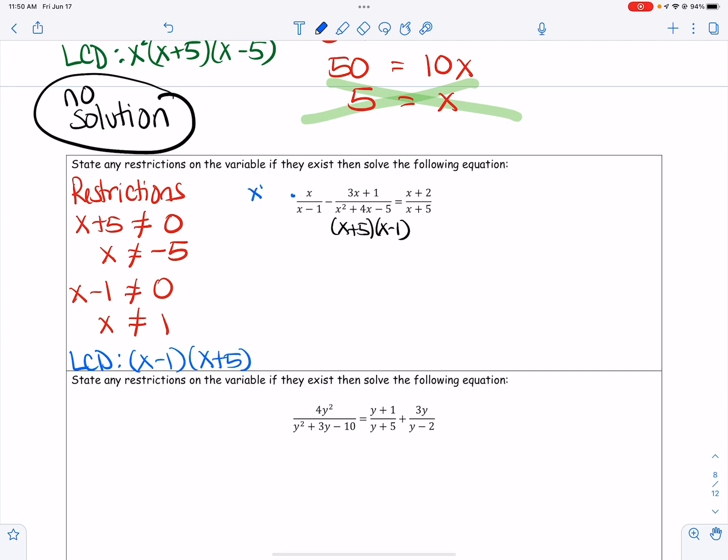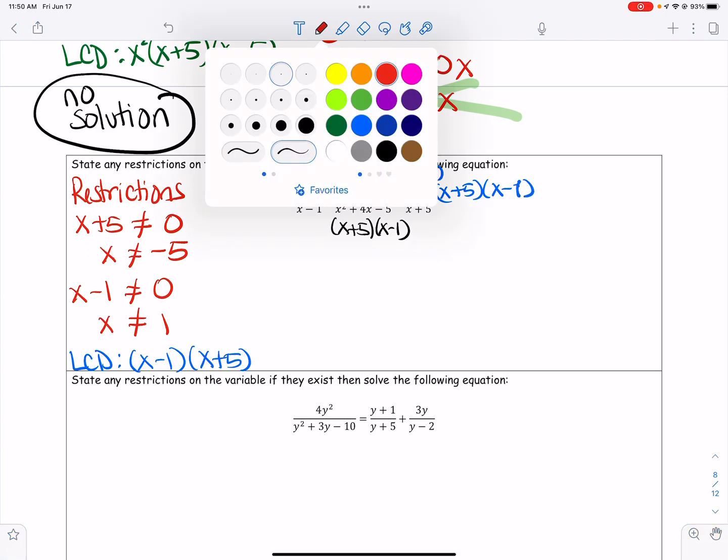So if I multiply by those x plus 5, x minus 1, in any order, it doesn't matter how you write it.